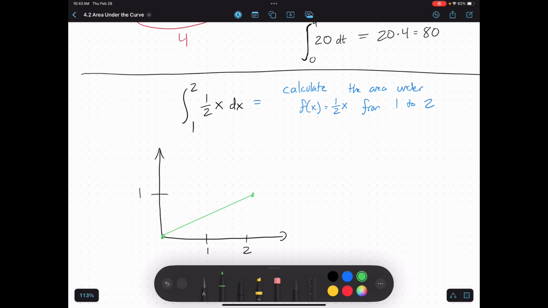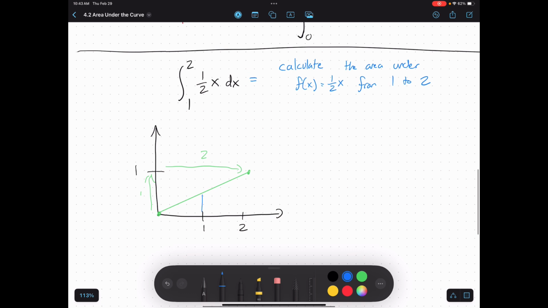And because my slope is 1 over 2, I'm going up 1 over 2. So what area am I calculating? I'm calculating this area. Well, this isn't a rectangle, so it's not going to be as simple as just doing base times height, right? Length times width. It's not going to be that simple. But this is a trapezoid.